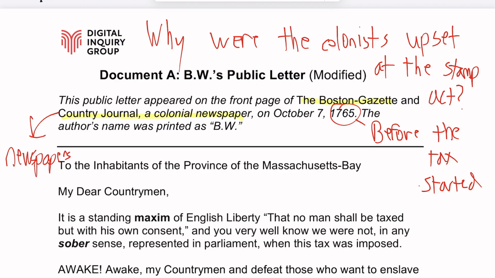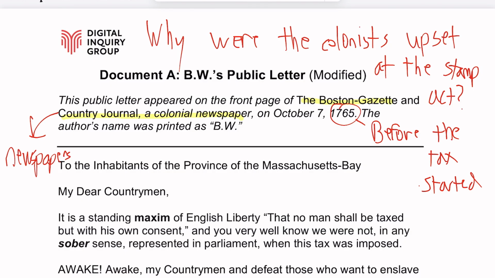What's really interesting here is that while newspapers are reliable, the Stamp Act is going to be taxing documents, and newspapers are all paper. So many of the taxes are directly impacting newspapers. You can assume an American newspaper would be very upset by this tax act. It's something to keep in mind.